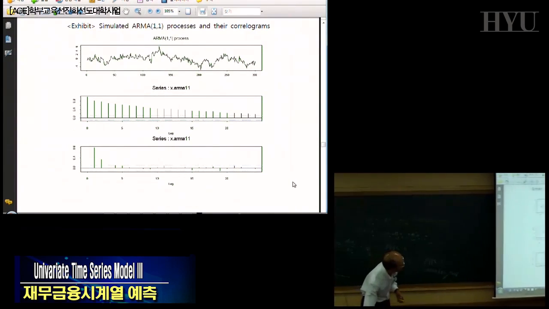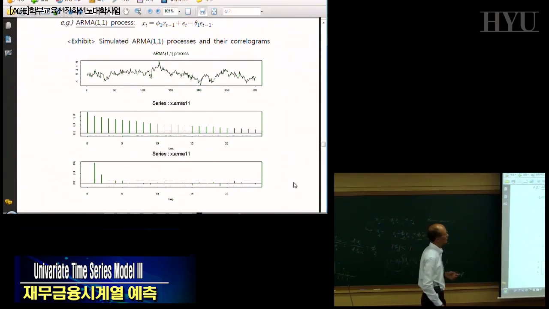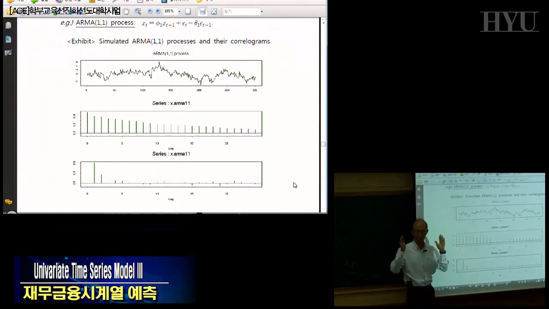Previously, we learned that if it is purely an AR process or purely a moving average process, then there is a kind of cutoff feature in PACF or ACF, depending upon whether it is AR or MA.